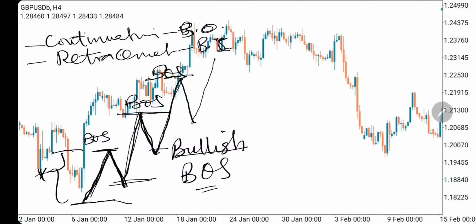Bullish in the sense that the break of structure results in a buy, because the market breaks into a new high. A new high, a new buy. So this is a bullish break of structure. I hope this is clear.